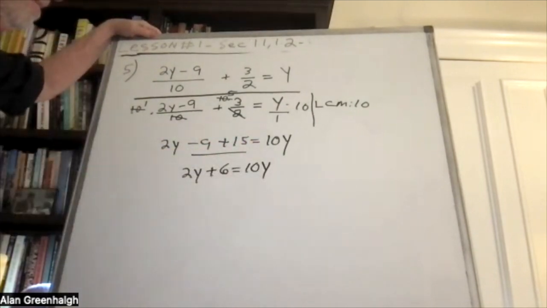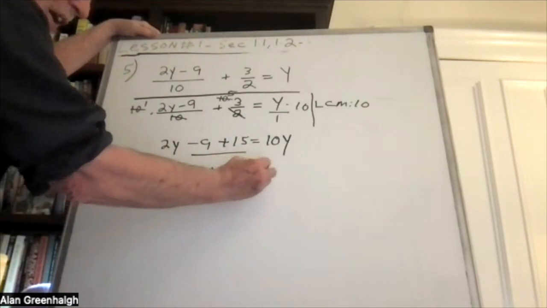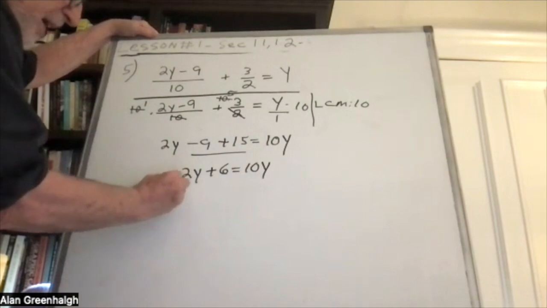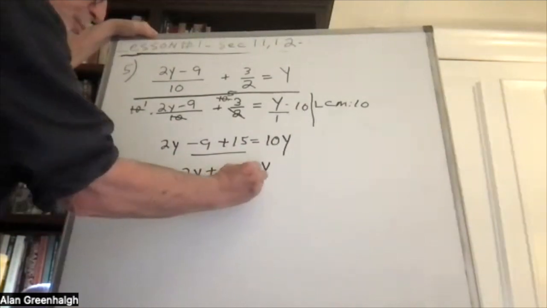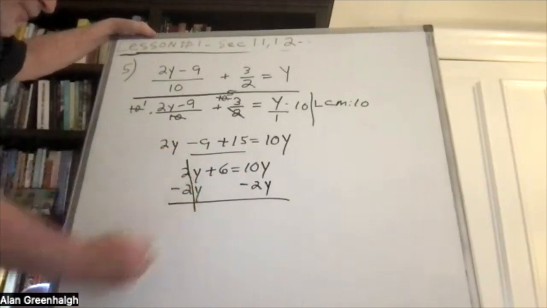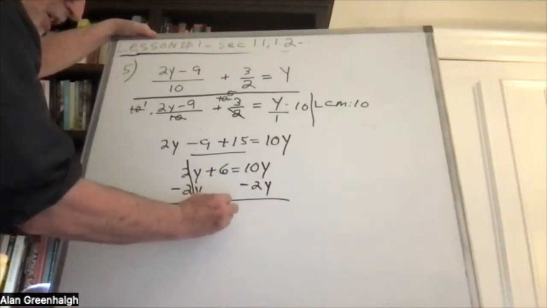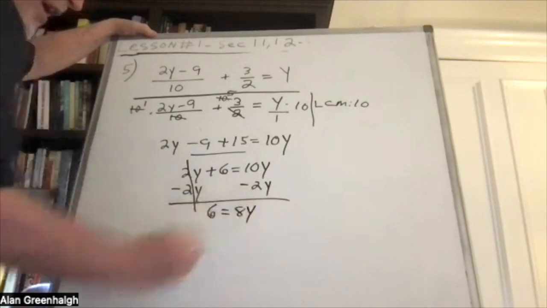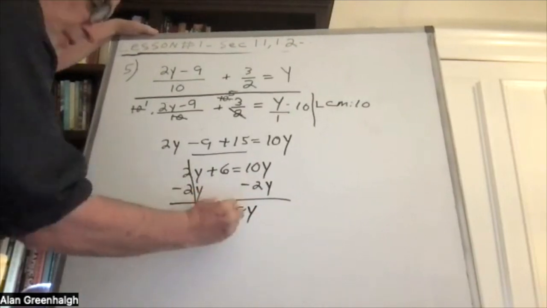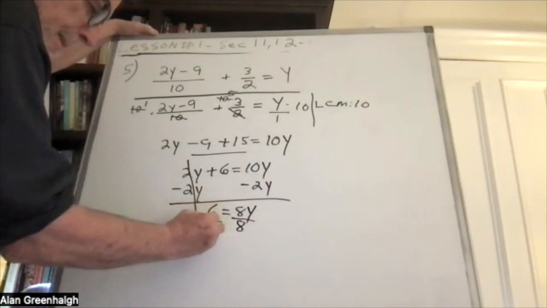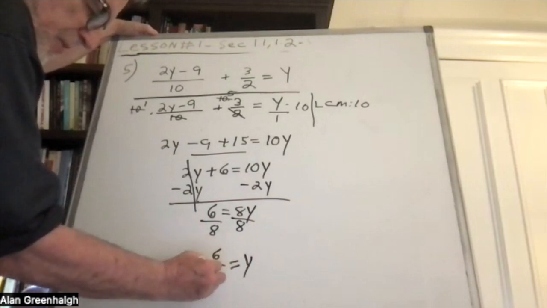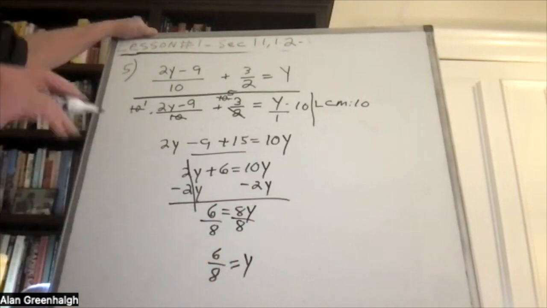Now, I don't want to do -10y, because then everything will be on the left. So I have no choice but to bring over the 2y to the right side of the equation. This drops out. 6 equals 8y. Divide by 8. y equals 6/8, which must be simplified.